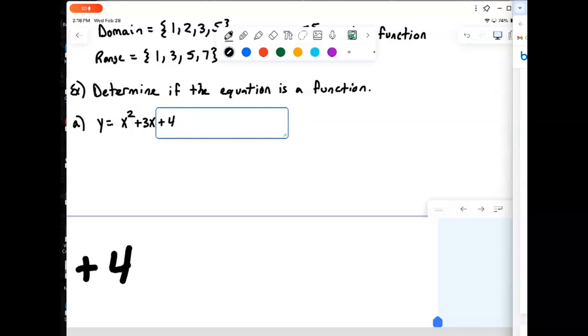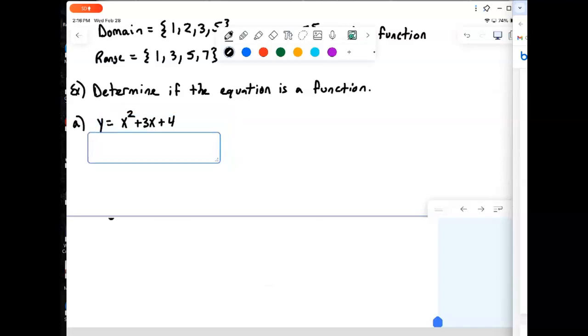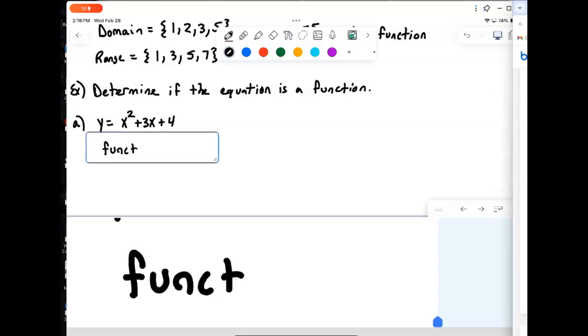And that's true for 5, and it's true for any other number, right? Squaring only produces one answer. When you square a number, you're going to get that answer. Multiplying by 3, and then the rest of that's all addition. So no matter what number I put into this, it's always going to produce that answer for that number. And so this thing passes the test of being a function.